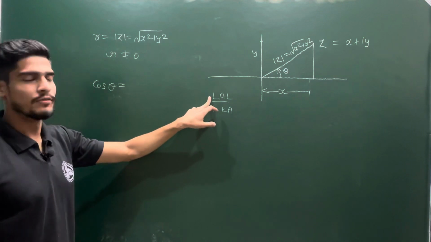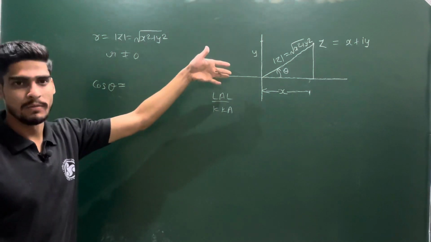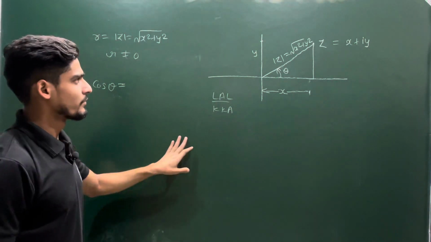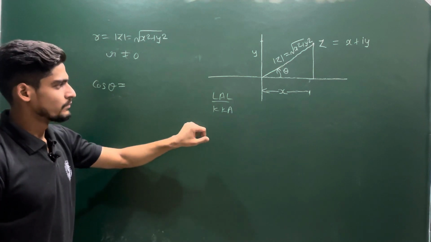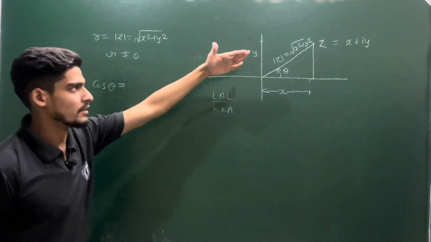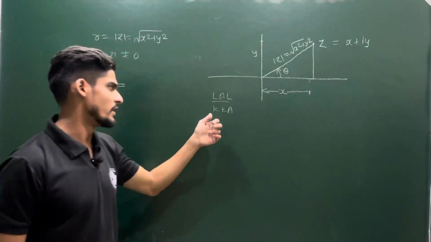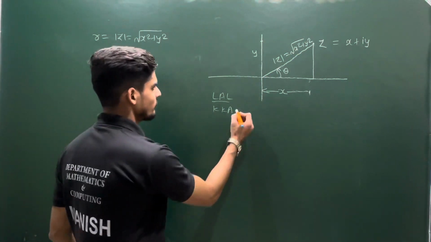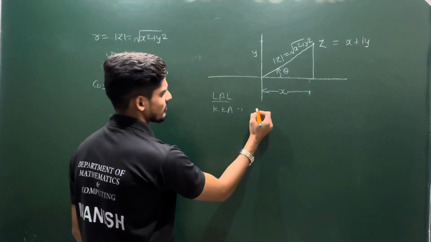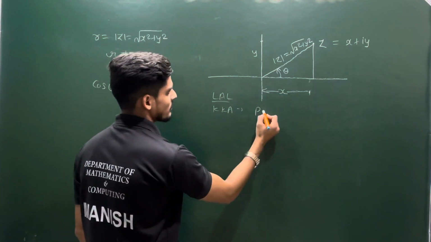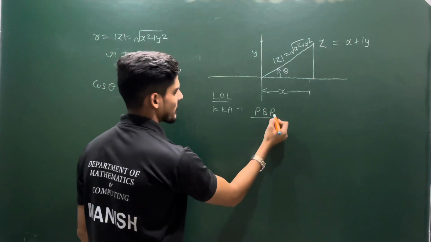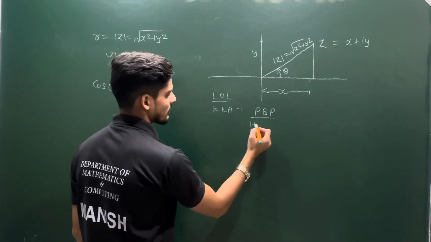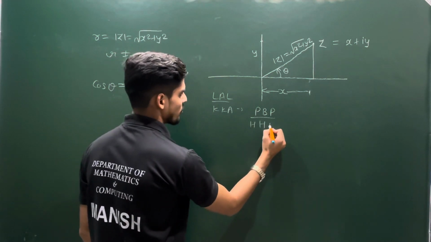This L stands for lamb, that is the normal or perpendicular. This K is for karn, or you can say this is the hypotenuse in English. So in English, this is the perpendicular, this is the hypotenuse, and this is your base.